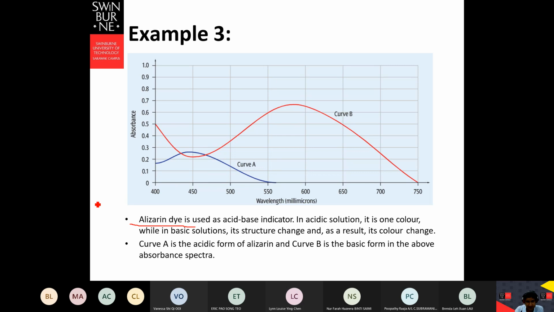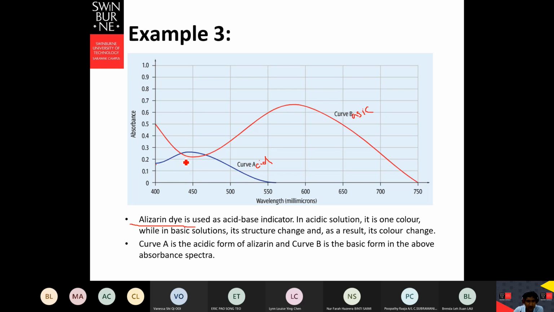So in acidic medium, it is curve A, right? Curve A is the acidic form, and B is for basic or alkaline medium.